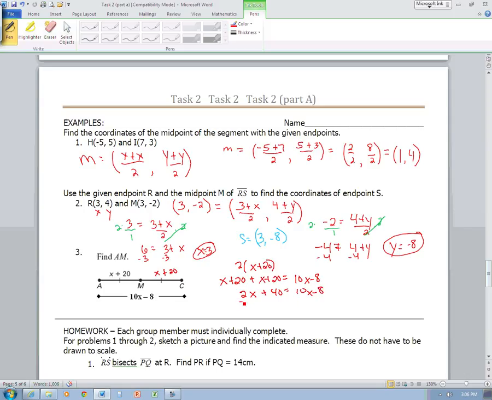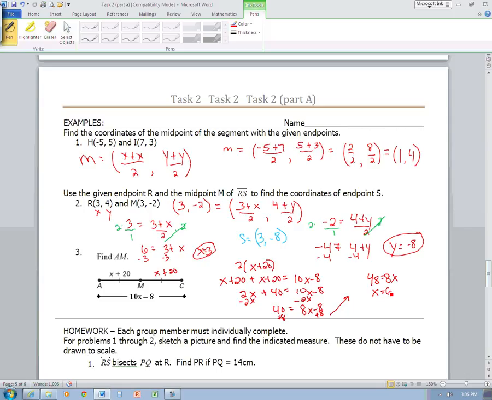So if I subtract 2x from both sides, I'm going to get 40 equals 8x minus 8. Add 8 to both sides. Sorry, I'm going to go over here and get 48 equals 8x. So x is 6.